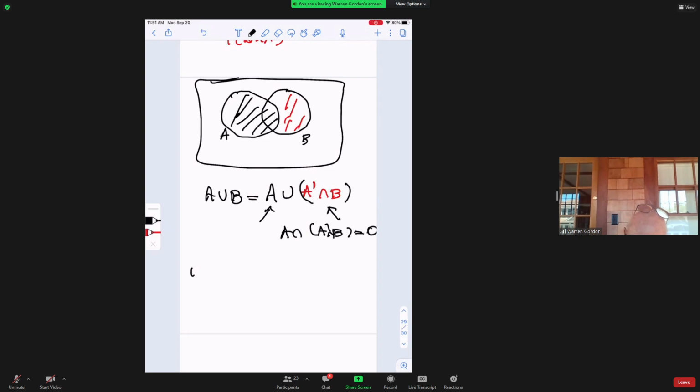So P of A union B is therefore equal to P of A plus P of A complement intersection B.